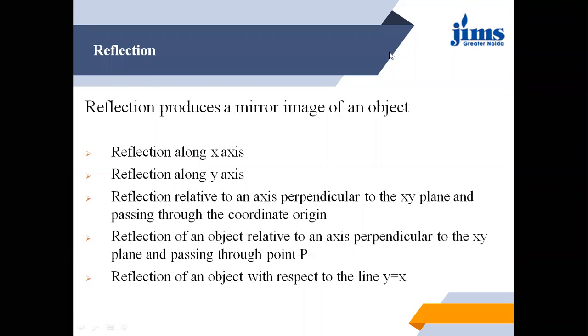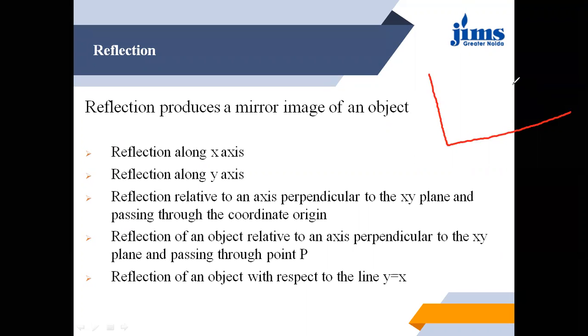Reflection means, if we take a real example, when we are standing in front of a mirror, whatever image we are seeing, that's the reflection. Reflection can be of different types. For example, suppose this is a coordinate system, x and y.